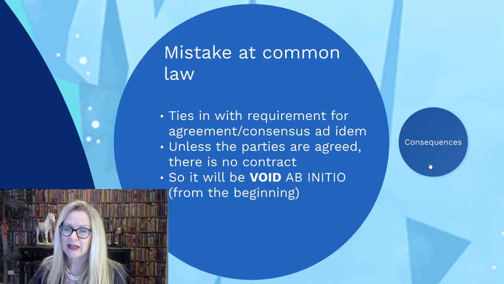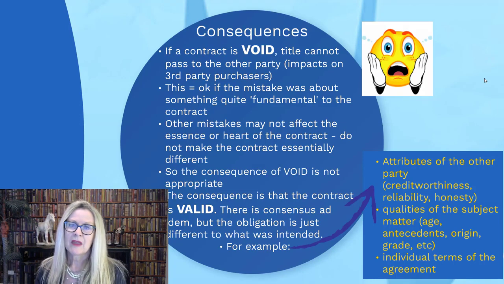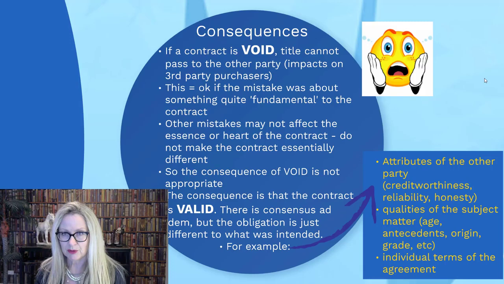Now, when a common law court says that an argument of mistake is successful and declares that contract void, it has some fairly drastic consequences. It means that the contract, because it has never existed at all, has been a figment of everyone's imagination, then title never shifted from the original owner of the property. No title has ever passed to the purchaser or any other subsequent purchaser.